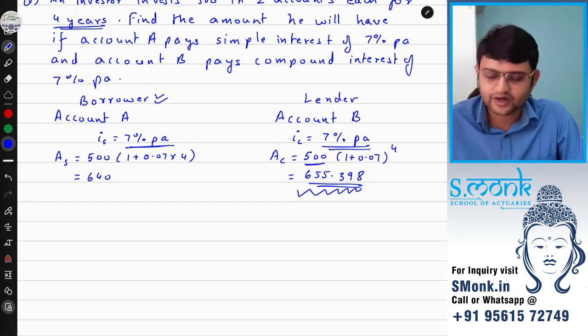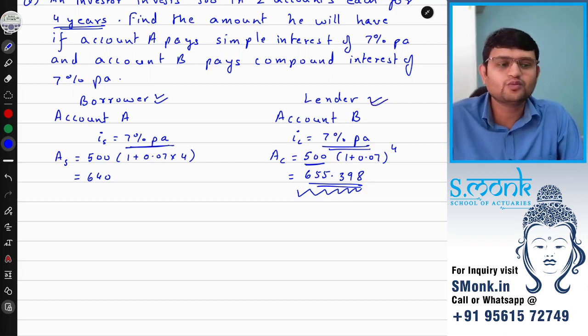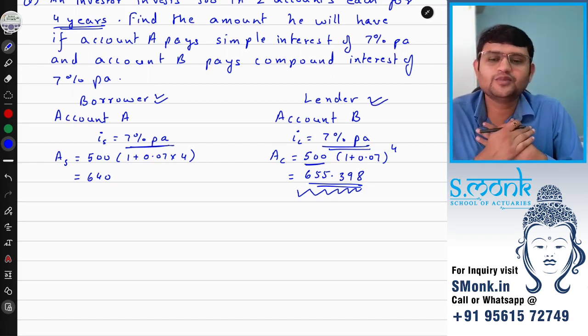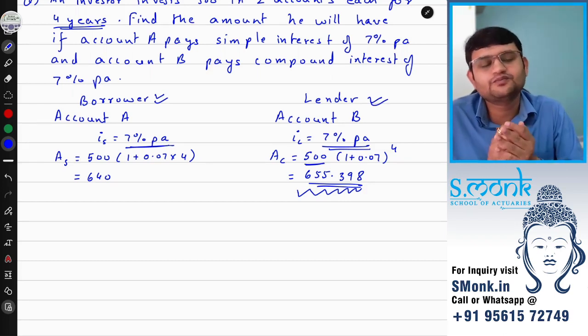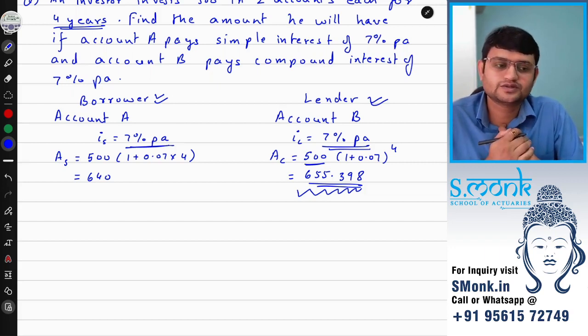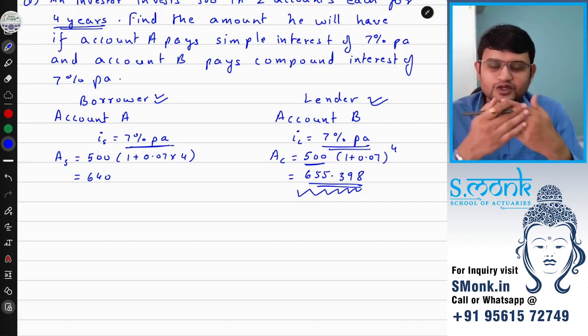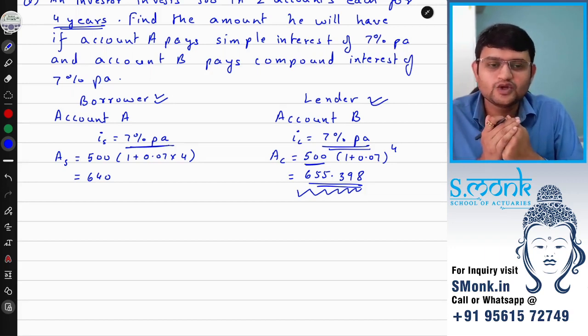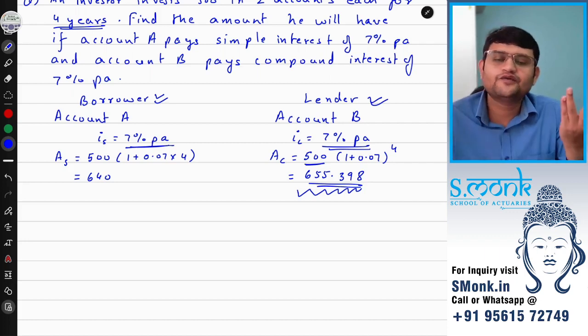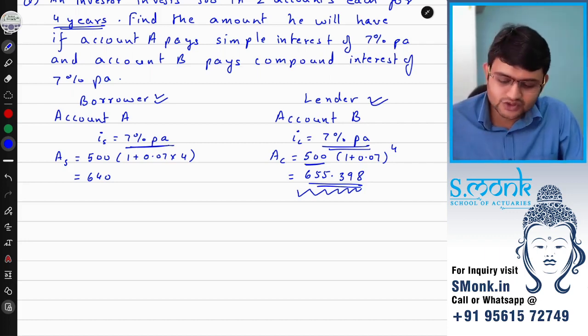Borrower would prefer to give less interest and lender would prefer to get more interest. So if I am giving you money, you will ask for simple interest, but I would prefer compound interest. So we'll never come into the same agreement. So that is not the reason.